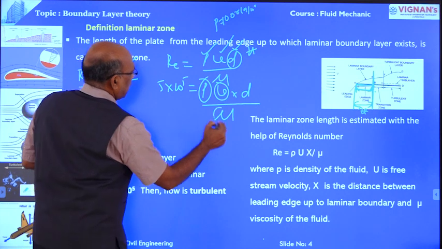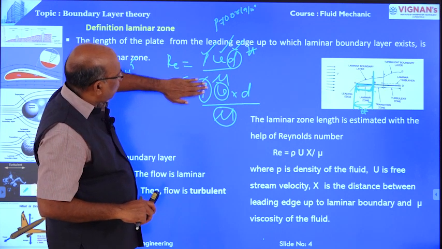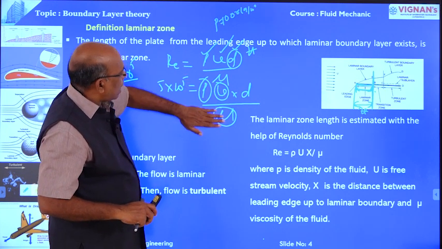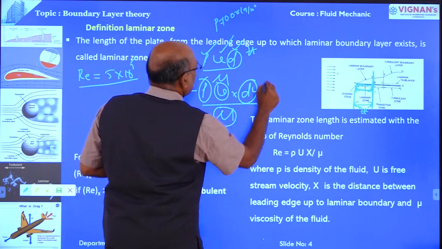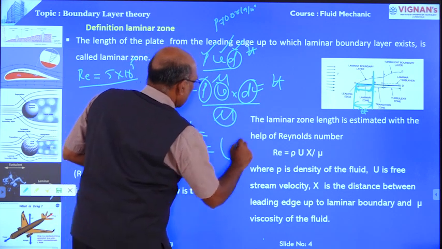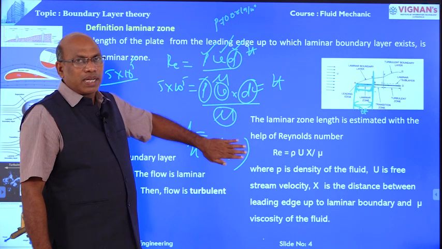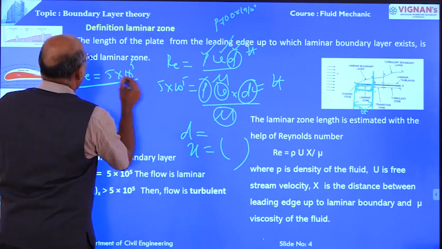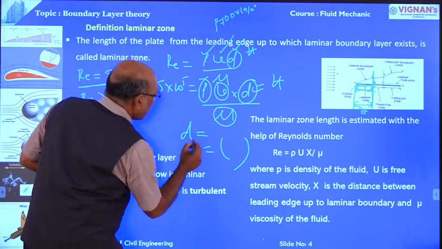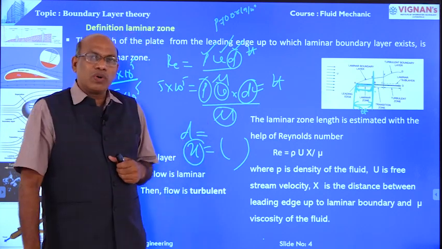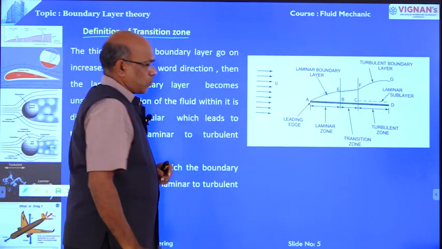All values are given, and we are going to determine D. Here in place of D, x. This distance is nothing but the laminar zone. Are you clear? If the Reynolds number is more than 5 into 10 power 5, the corresponding distance x is the turbulent boundary layer.